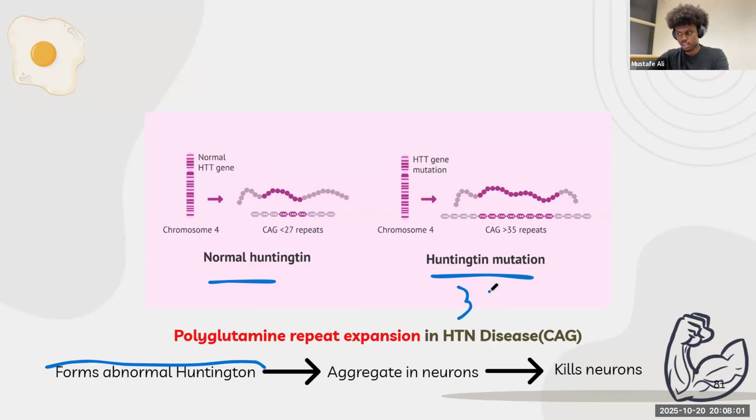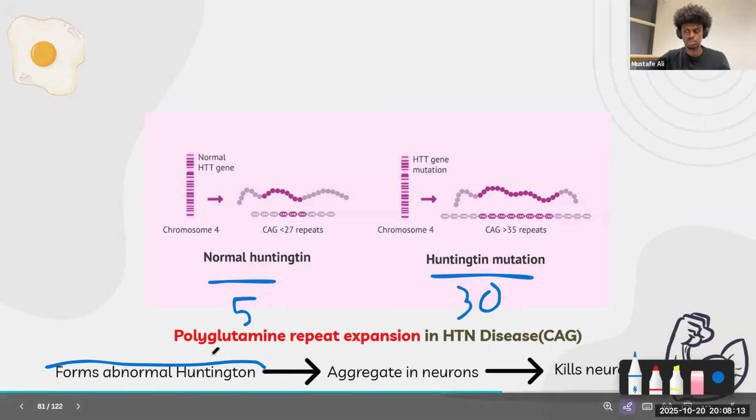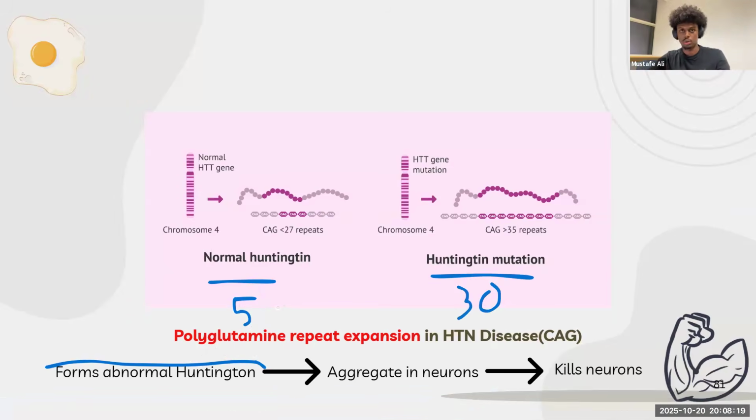Because there is more glutamine present inside of the mutated Huntington protein, it will lead to the protein becoming abnormal. When it becomes abnormal, it can then aggregate in neurons. Once they aggregate in neurons, it can then kill them. But all I need you to remember is that there's a polyglutamine repeat expansion.